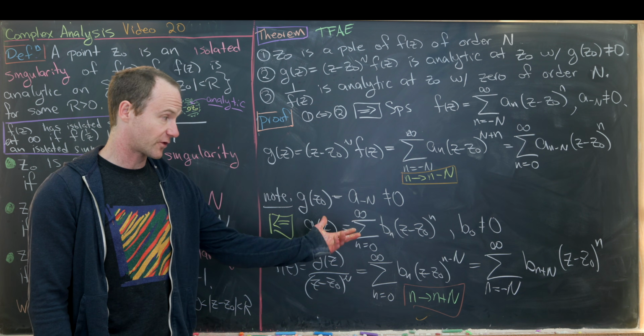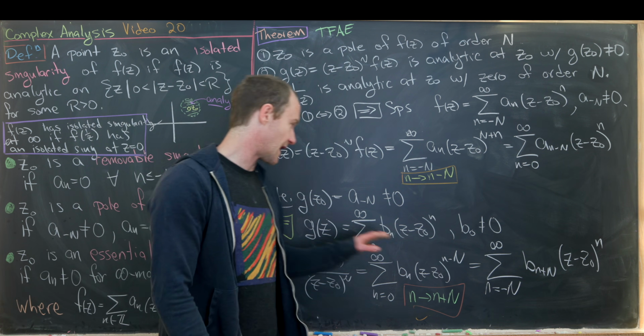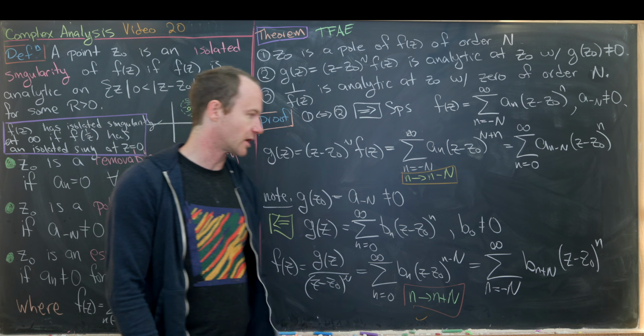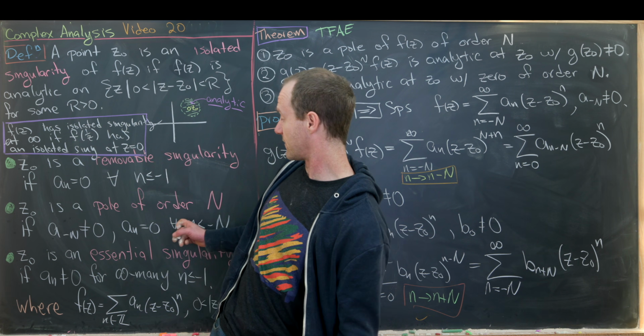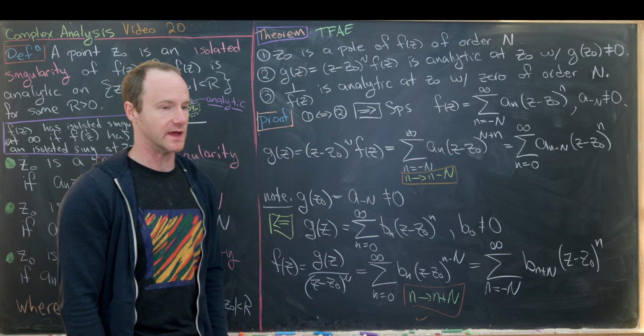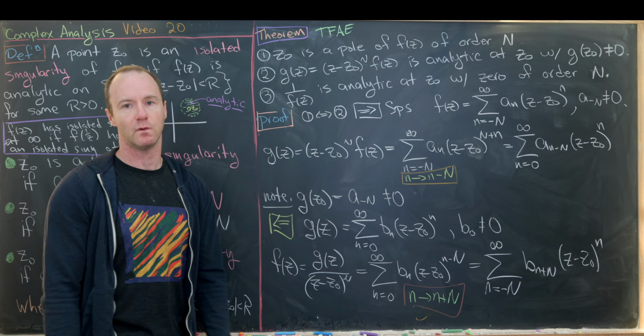And let's notice the first term here is non-zero just by our construction up here. And so that proves that this first statement is true based off of the definition of a pole of order N. Okay, so that's maybe 1 implies 2 and 2 implies 1.